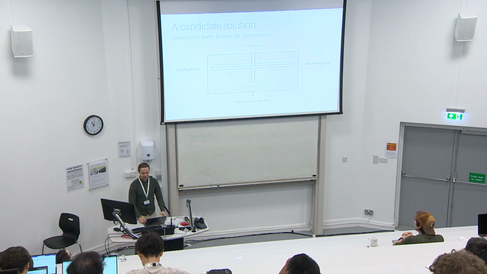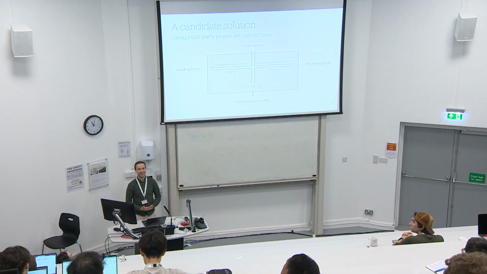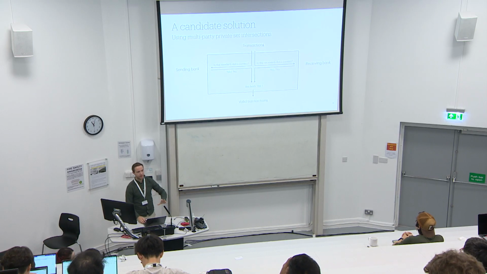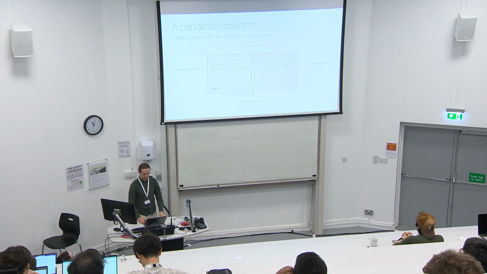A candidate solution for this is to use multi-party private set intersection. It feels like there are already very good tools to do so. So let's look at what happens when you do that. Now you won't be doing one transaction every time; you can batch together multiple transactions. You input many transactions and get out the subset of valid transactions.